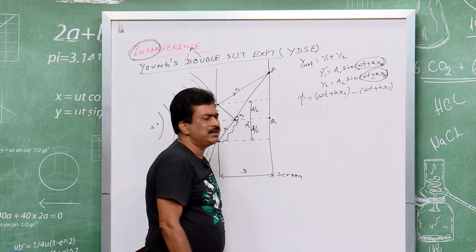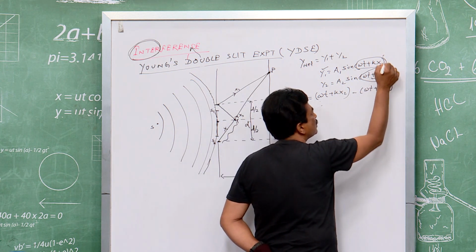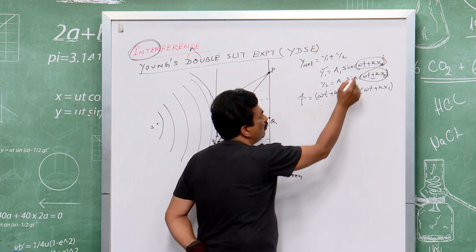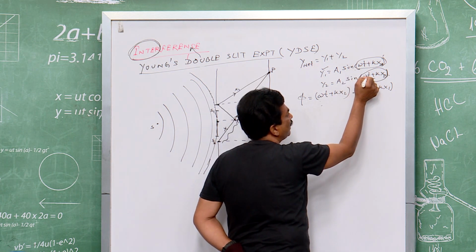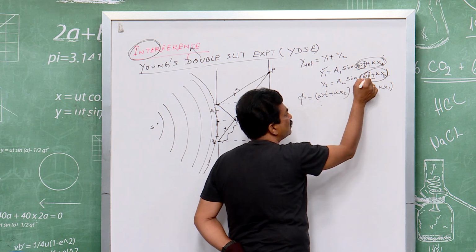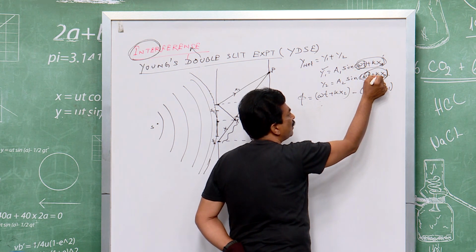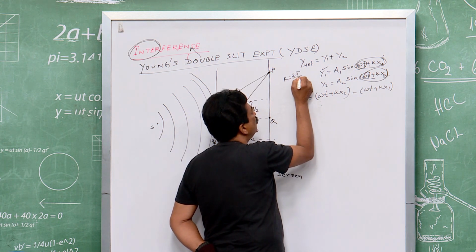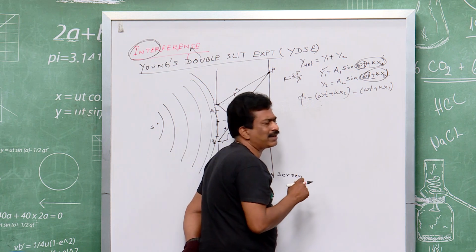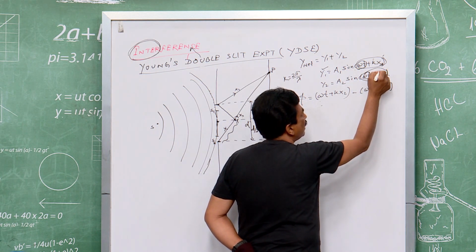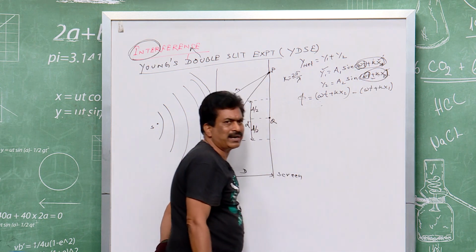The question will come, sir, why have you subtracted this from this, why not this from this? If we look at these two, omega t means the frequency and the time are the same, so this one is the same. Here k is also the same. So what is k? You know that the value of k is equal to 2 pi by lambda, as you know in class 11th. So k is the same, and it only depends upon x1 and x2.